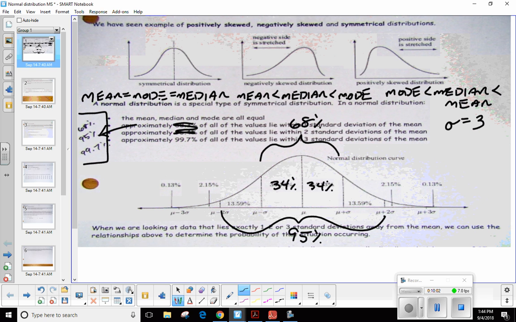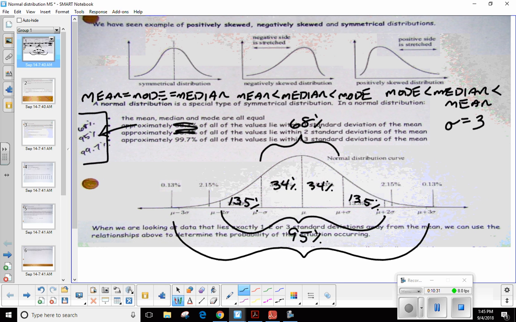So I need to divide that difference by 2 because these areas are congruent. So half of 27, 13.5. So this would represent 13.5% of the data, as would this. Okay. Is everybody okay with where I'm getting these numbers from? Any questions?